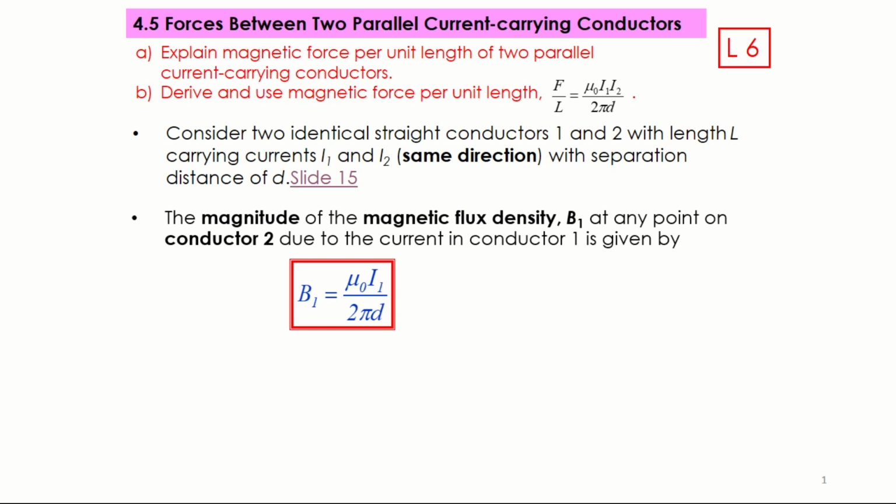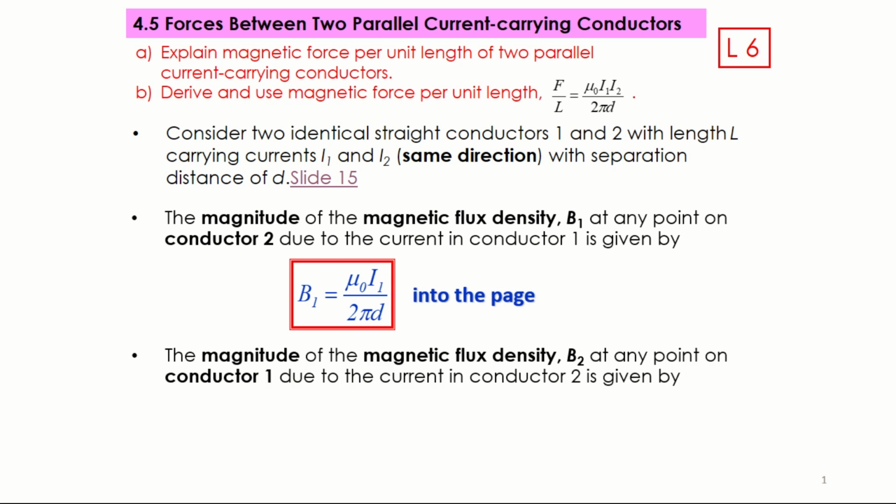The magnitude of the magnetic flux density B1 at any point on conductor 2 due to the current in conductor 1 is given by B1 equals mu naught I1 divided by 2 pi d, and the direction of B1 is into the page.